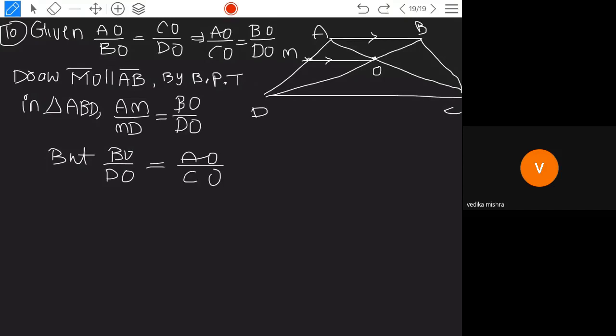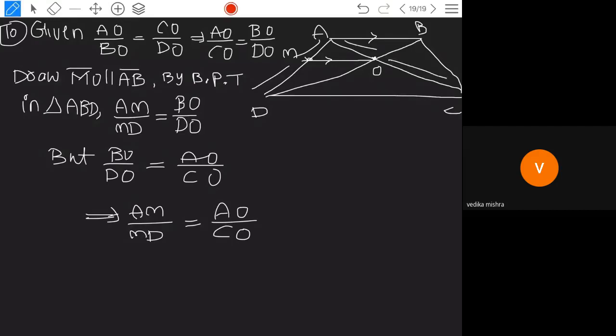Isn't it? So from these two, AM by MD is equal to AO by CO.